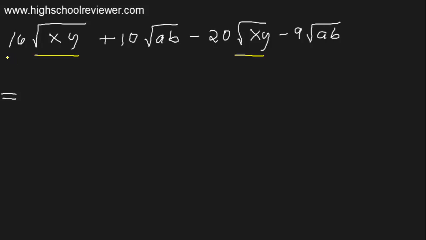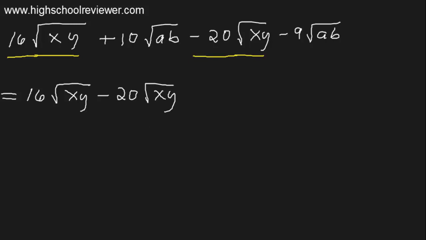We have 16 square root of xy and minus 20 square root of xy. So we can combine this directly. Okay, so we can have 16 square root of xy minus 20 square root of xy. And then our next radical is the square root of ab.